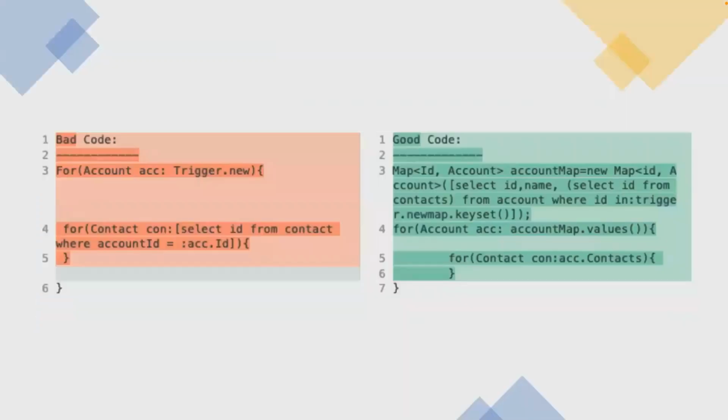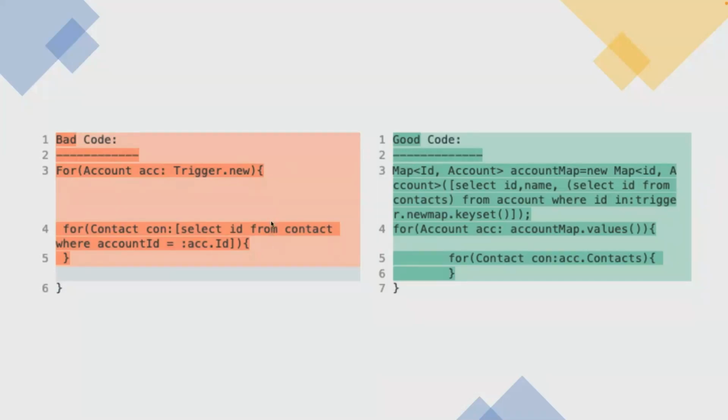So there is a comparison of how the bad code and the good code look. Bad code is something like this: here is the declaration of an account, and under that account we are querying the contact within the for loop. This will be a bad practice.